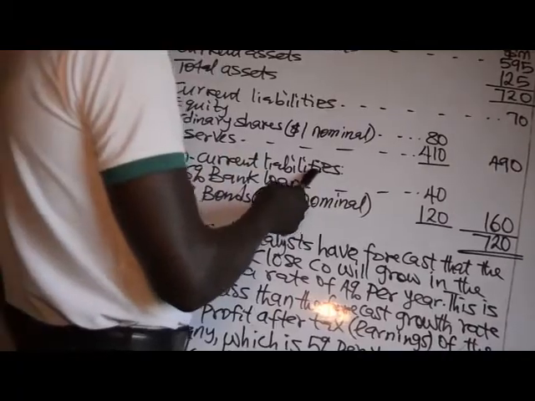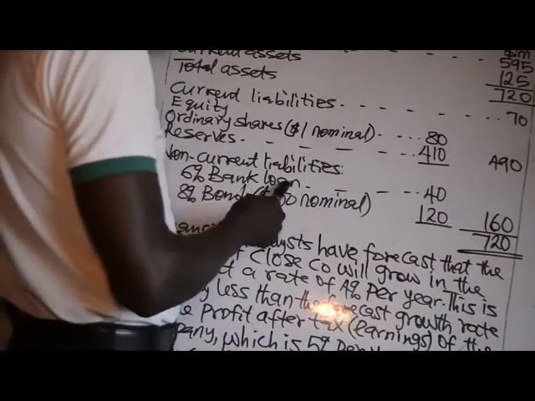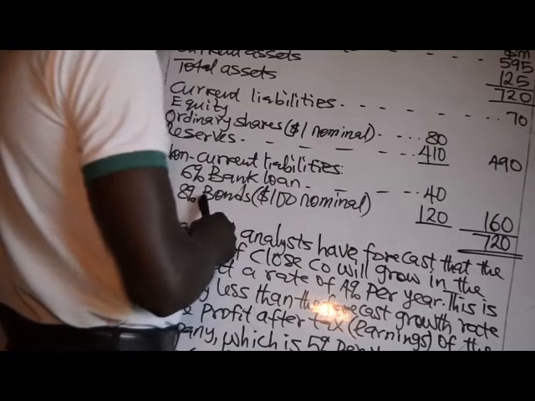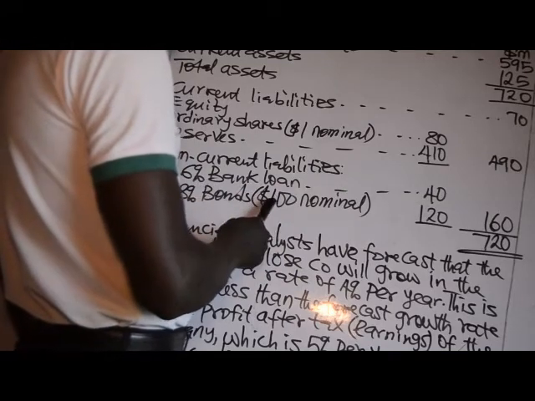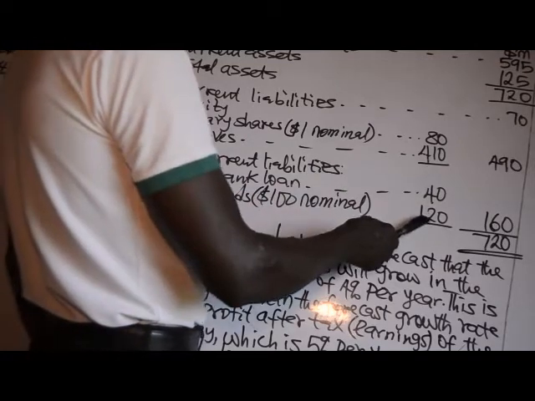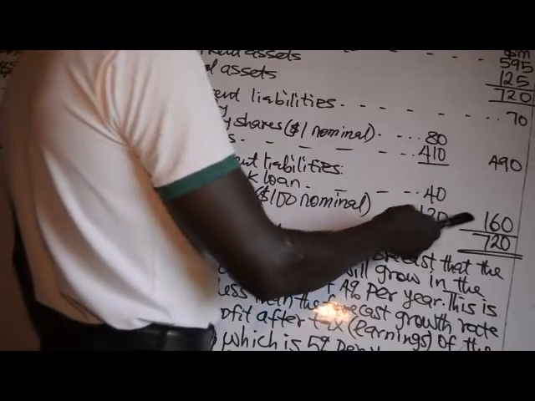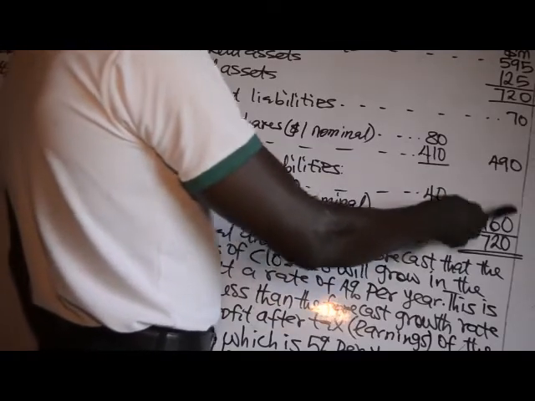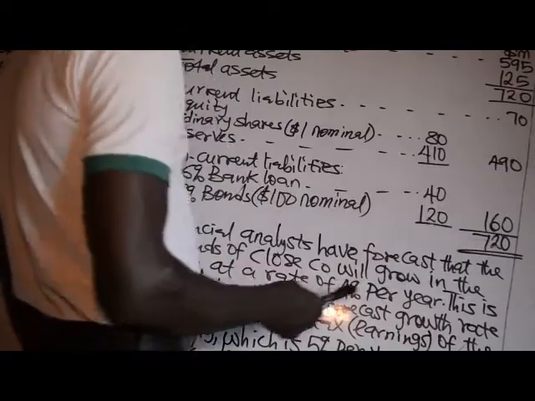Non-current liabilities, which include 6% bank loan of 40, 8% bonds, $100 nominal, 120. The total of the non-current liabilities is 160. Equity plus liability is 720.